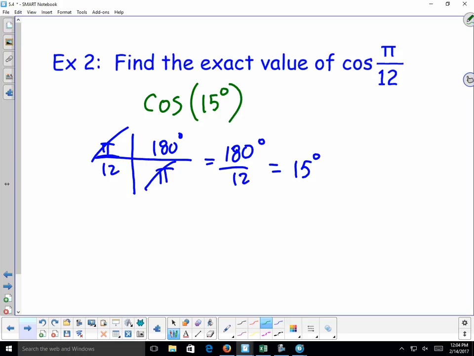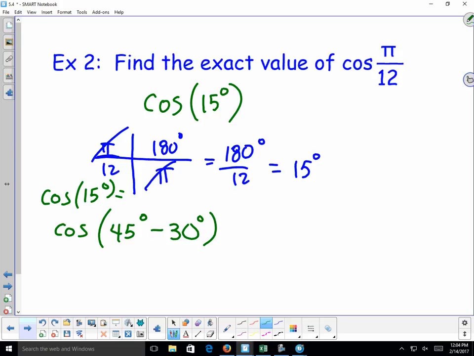Everybody okay with this? Now, what 2 angles do we know on our unit circle that add or subtract to give us 15 degrees? Augie? 45 and 30. All right, so Augie wants to use cosine of 45 degrees minus 30 degrees, because that's equivalent to the cosine of 15 degrees. Everybody agree? At this point, which of the sum and difference formulas do we want to use? 1, 2, 3, or 4? Alexis, number 4.